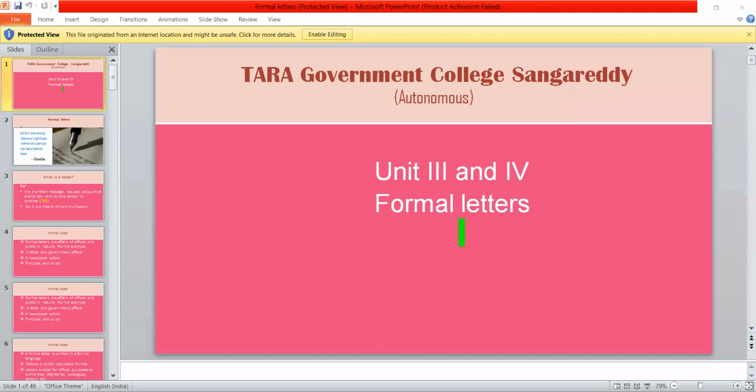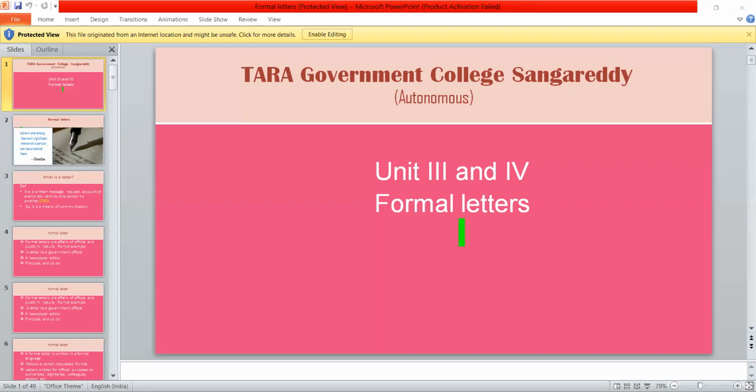Then you write something, and then date. Okay, date you are going to write 12th July 2021. Inside address or receiver's address. See, everything is on the left margin only. From here to there, there to here, everything is on the left. There is nothing at the right side.